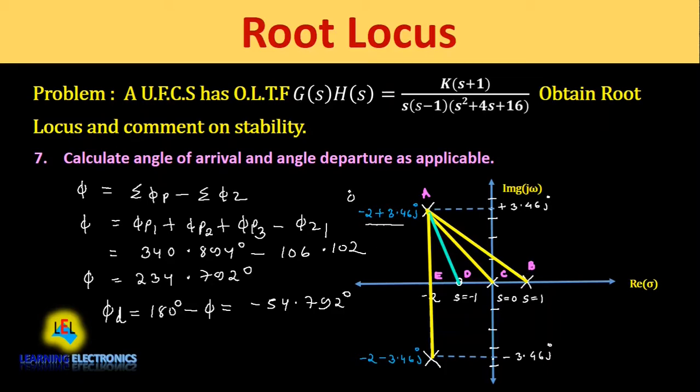Here we will get phi D equal to minus 54.792 degree, and at this pole we will get angle of departure equal to plus 54.792 degree, because we know that root locus is symmetrical about the real axis.